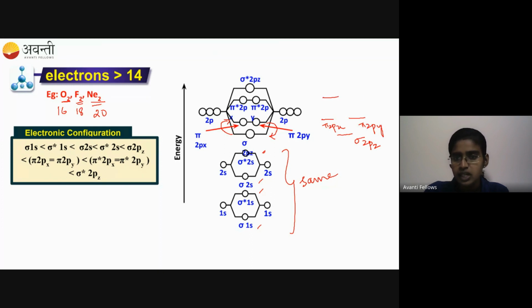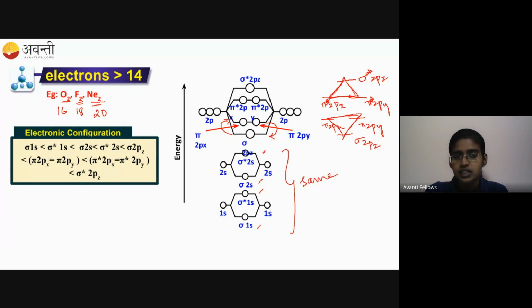In the antibonding, no change: 2 below and 1 above, pi star 2px and pi star 2py, then sigma star 2pz. So there is no change here, and it follows an inverted triangle kind of shape.